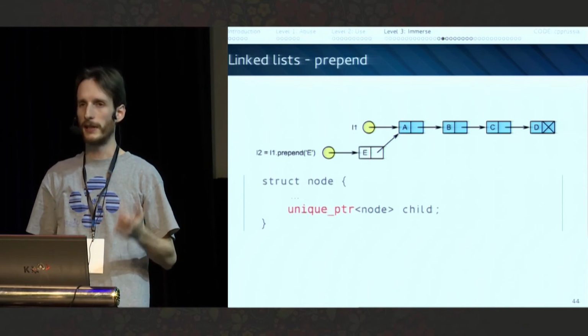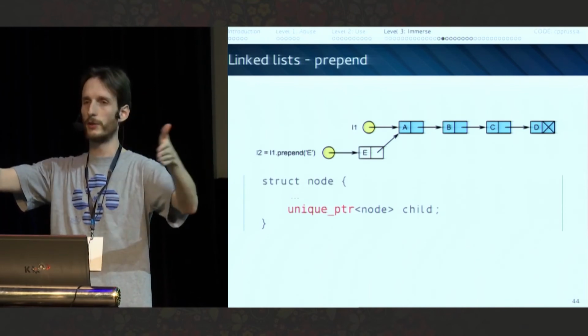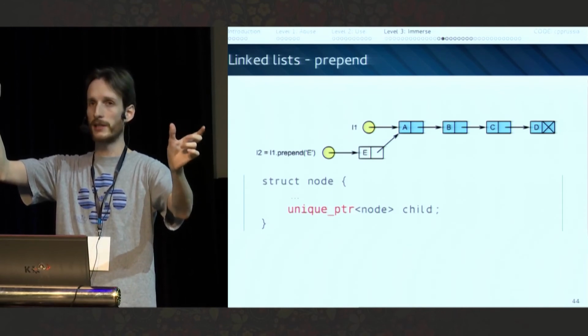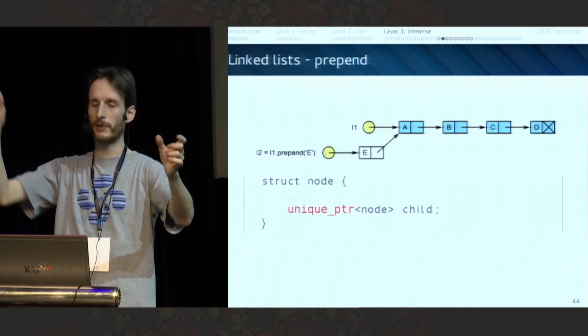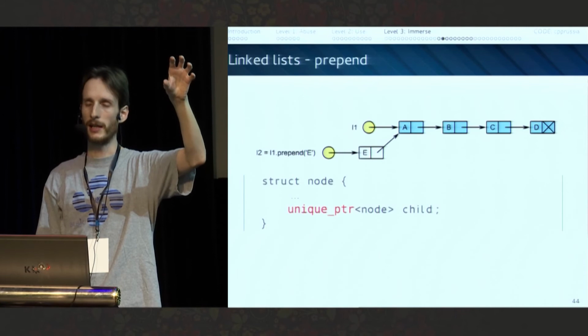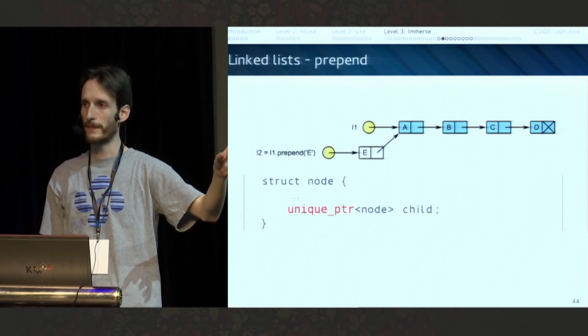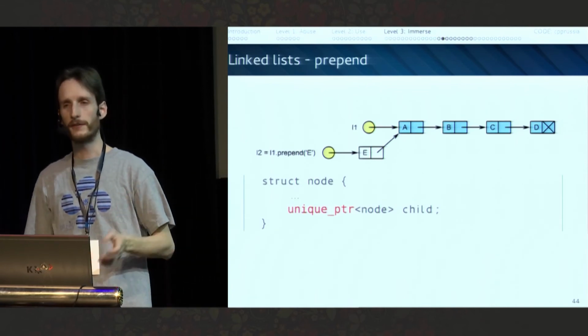Now in our program we have two lists. One, the old one, and the new one that has one element prepended. Because they're both immutable, it will never be possible for somebody to change L1 and automatically change L2. Okay? So because the data is constant, you can share it freely.